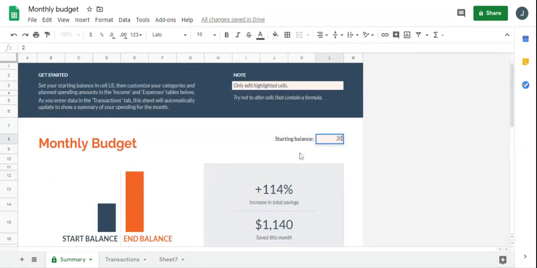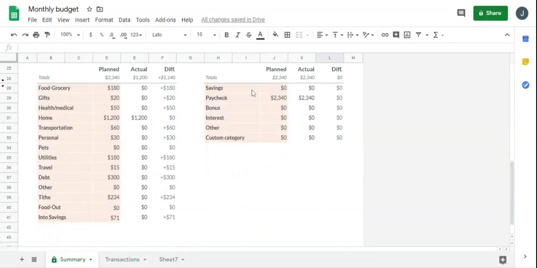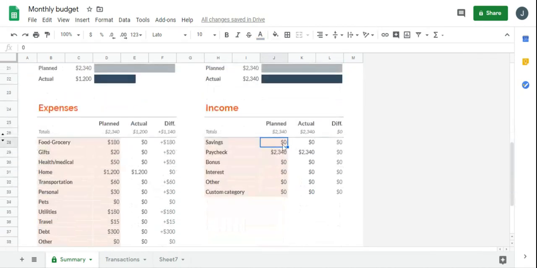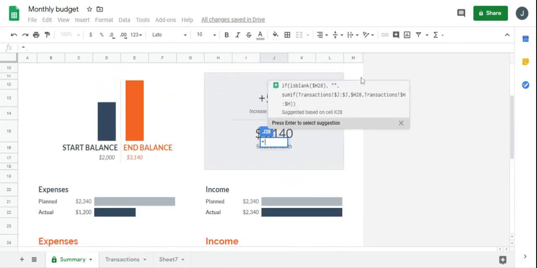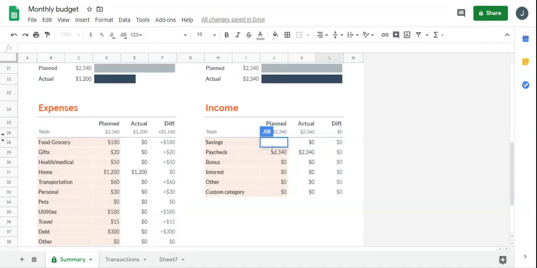Let's say that we actually had $2,000 saved up. So the amount that we had in savings for starting balance equals, wait, let's not do that. Let's do it on this side.